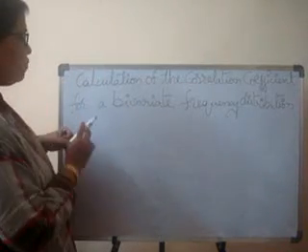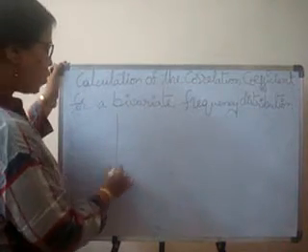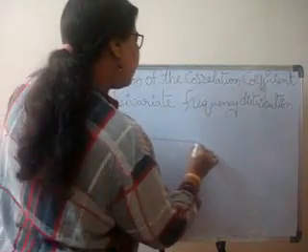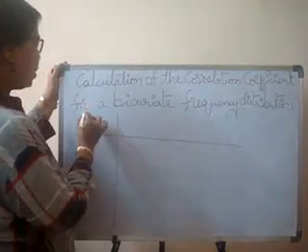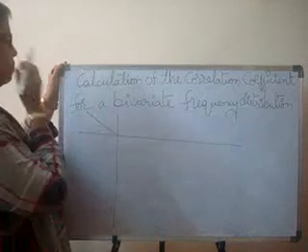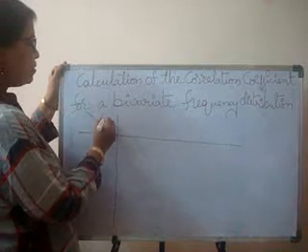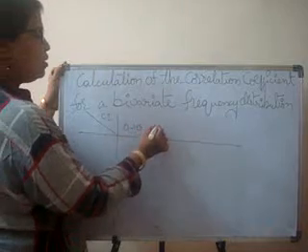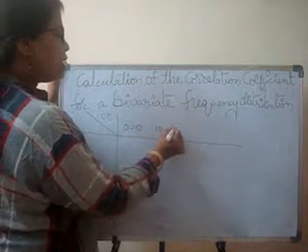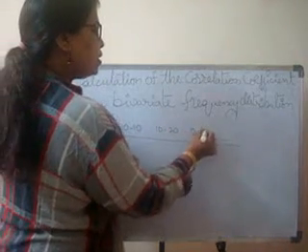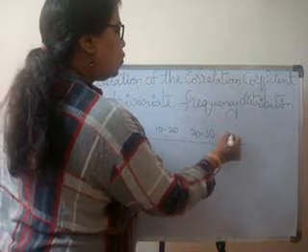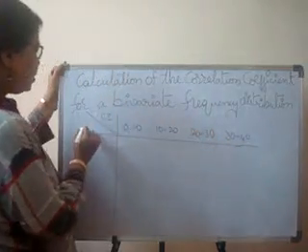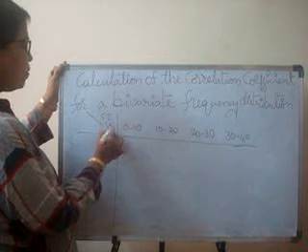That is, if the data is given large, let us say class intervals 0 to 10, 10 to 20, 20 to 30, 30 to 40, and this is your x.